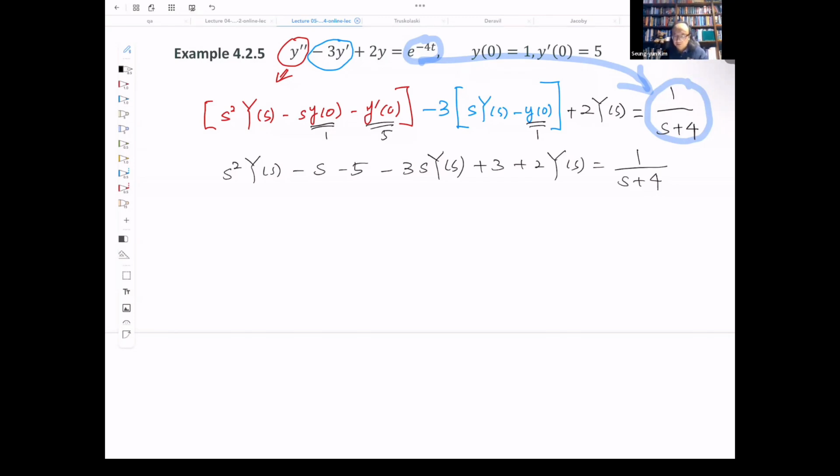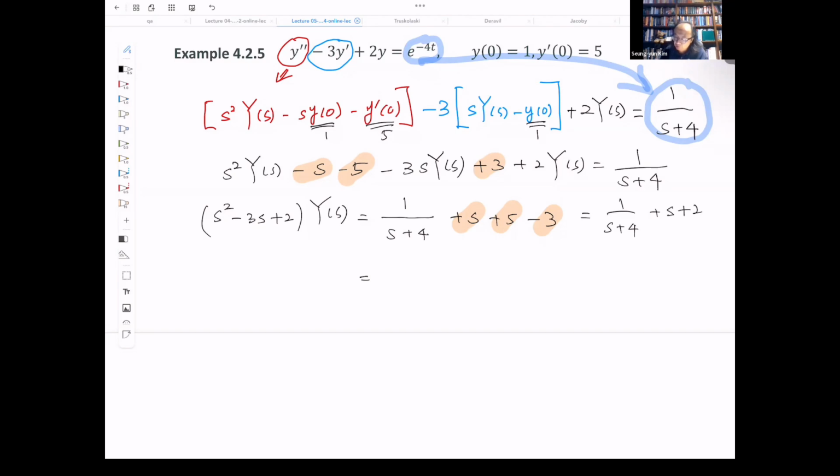So let's factor out Y of s. S squared minus 3s plus 2 times Y of s, and move everything else to the right-hand side. 1 over s plus 4 plus s plus 5 minus 3. Before we divide everything by s squared minus 3s plus 2, we need to take care of the right-hand side: 1 over s plus 4 plus s plus 2.